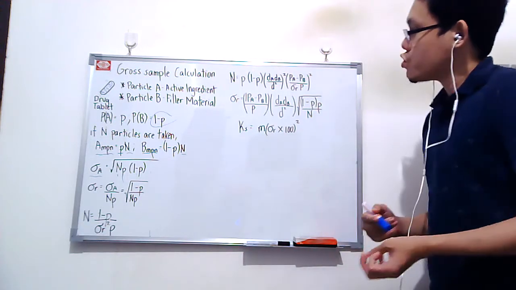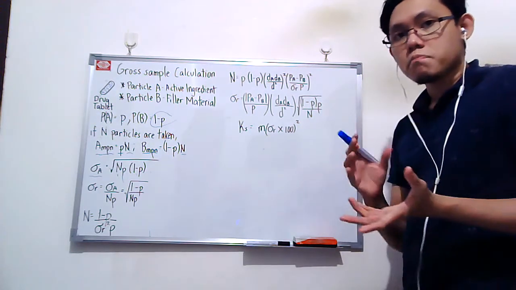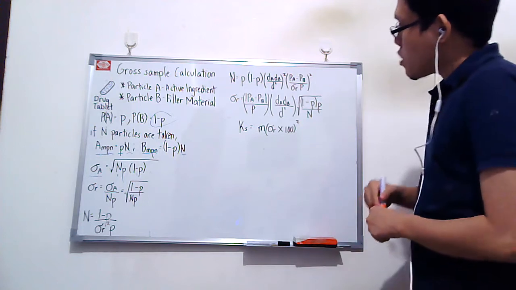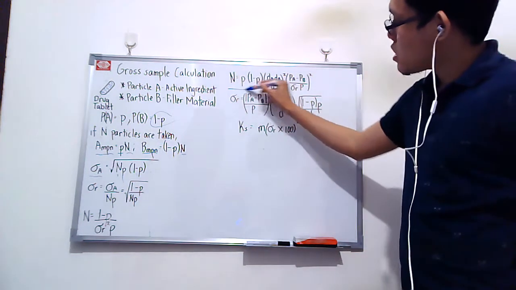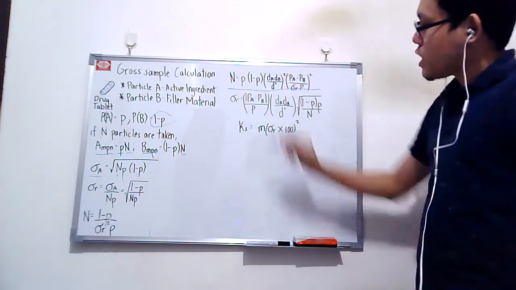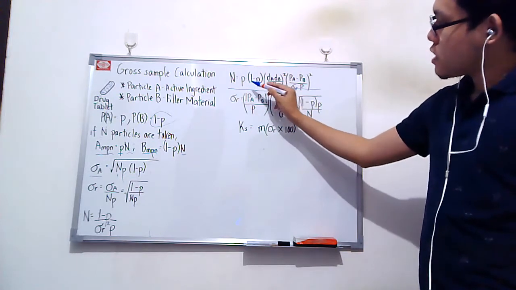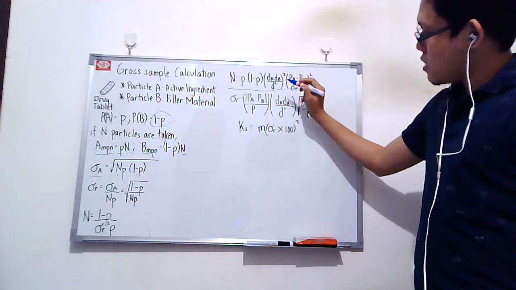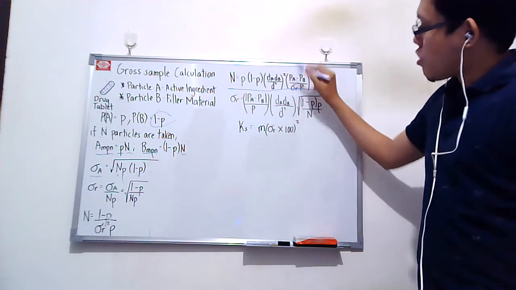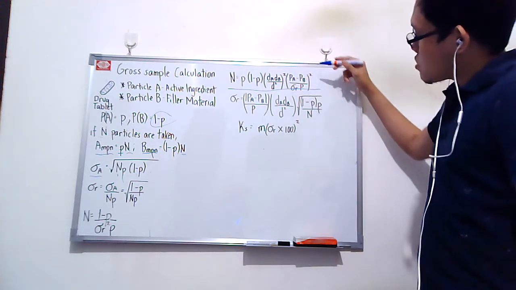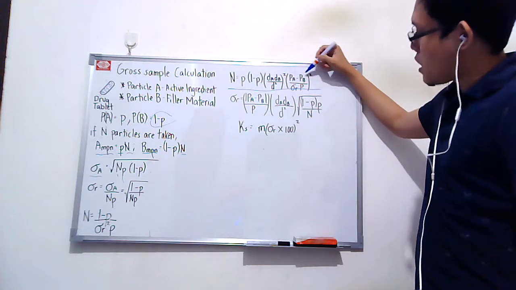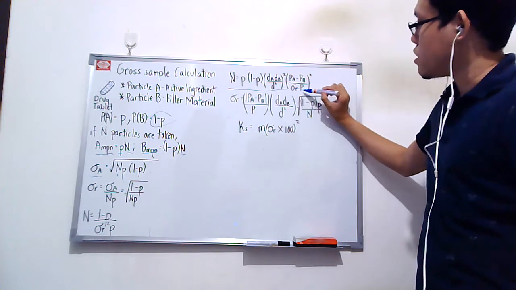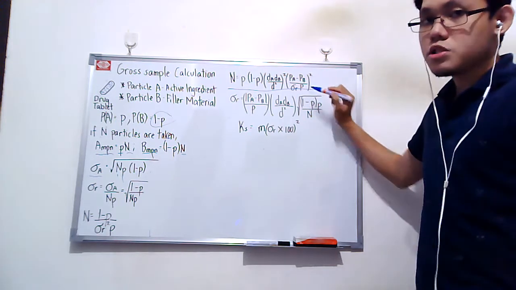Now, if you want to get the number of particles considering your B, kailangan mo gamitin itong equation na to. So n is equal to p multiplied by 1 minus p, times dA dB over d squared all squared, multiplied by P_A minus P_B over the relative standard deviation sigma r multiplied by p, squared.